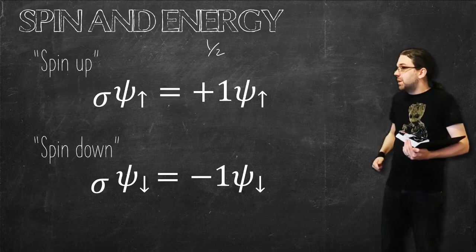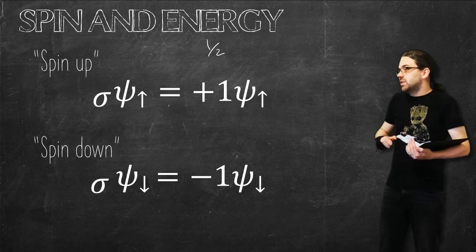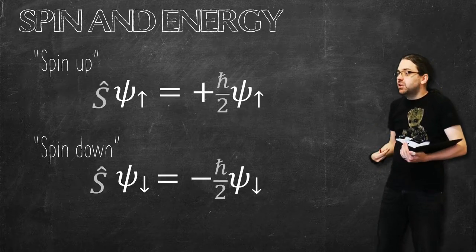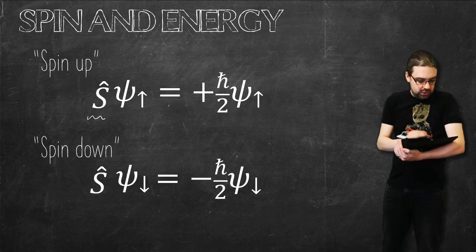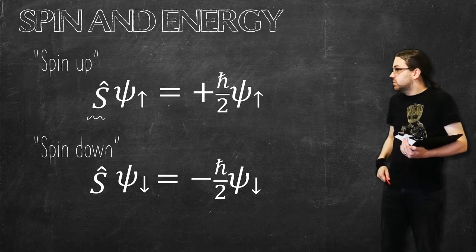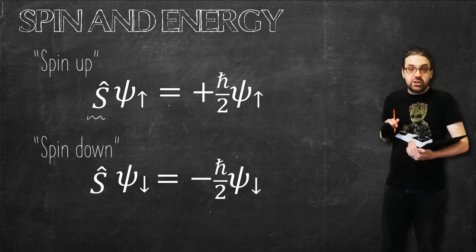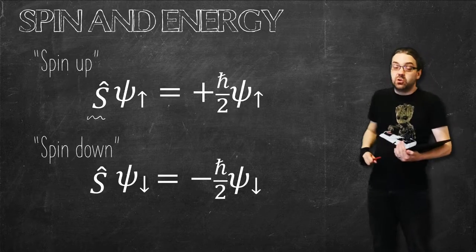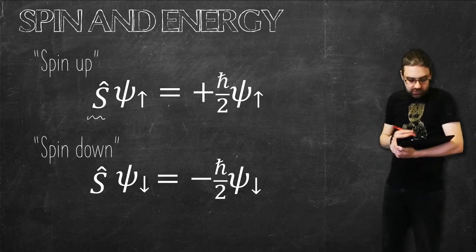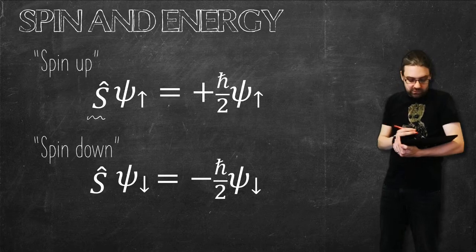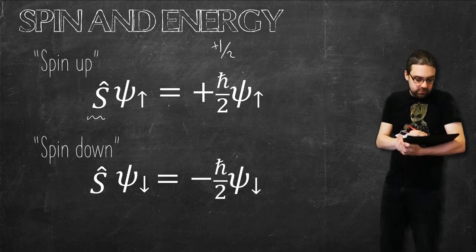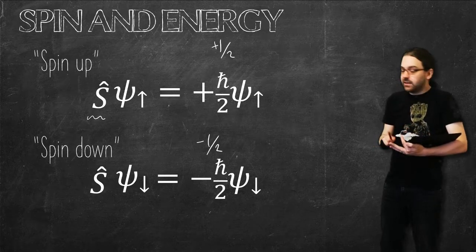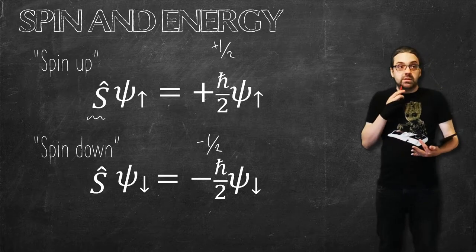But we'll embed the Pauli matrix inside an operator that actually gets us proper energy. We call that a spin operator. We can calculate the spin energy using that, and we actually get a half, or Planck's constant over 2 at least, which is, if we take it in natural units, which we've done before, plus 1/2 and a minus 1/2, exactly as we expect previously.